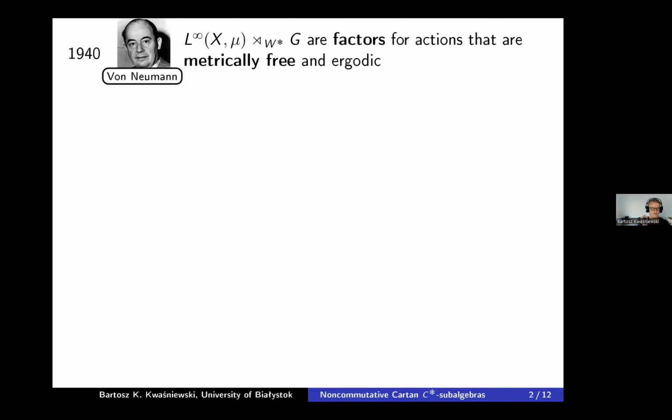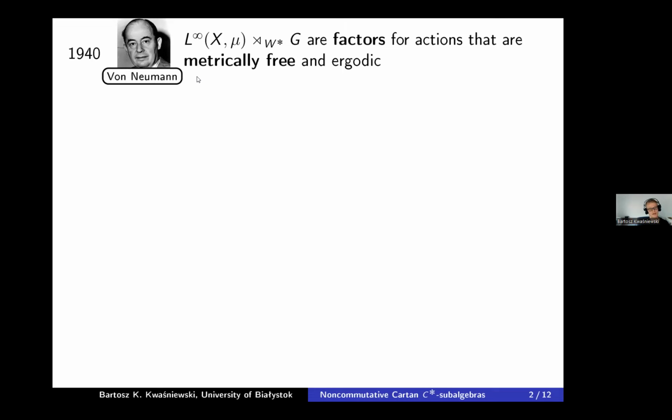So this metrical freeness is important. It can be characterized in this way: the general form of a commutative von Neumann algebra on which the action happens is, in fact, a maximal abelian subalgebra of this cross product.